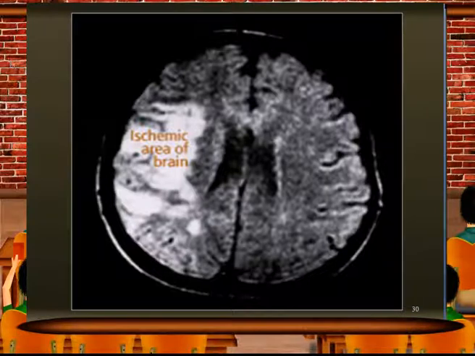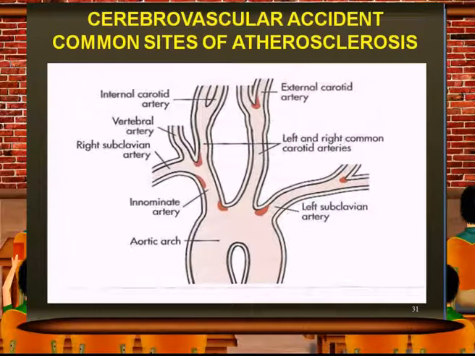And in this picture, you will see that at the bifurcations, because of the turbulence, there is a higher chance of formation of plaques, which ultimately lead to blockage of these arteries through the formation of thrombus.